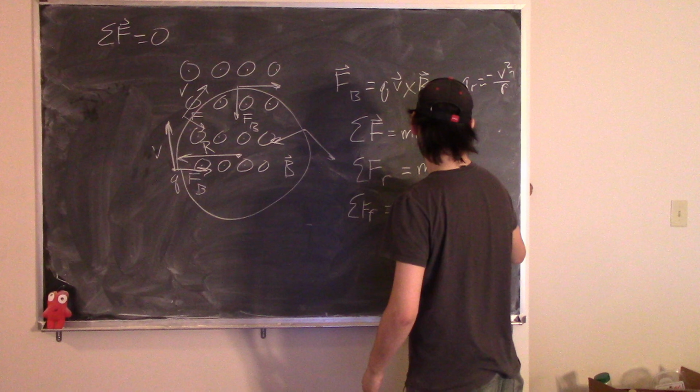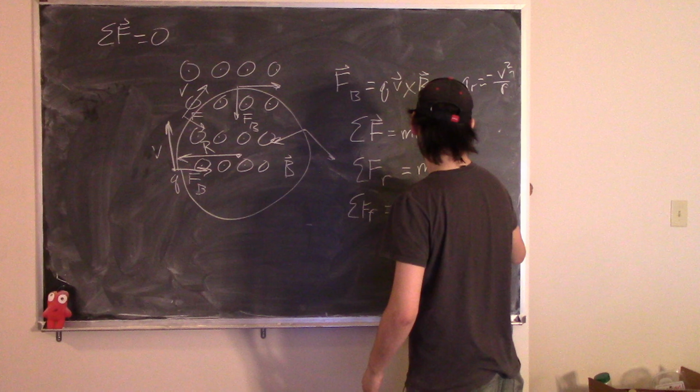So if I'm over on this side, this is a negative component here. So F_B is really minus qvB. And so I can take this and I can plug it in here. And so this is minus m v squared divided by r is going to be equal to minus qvB.